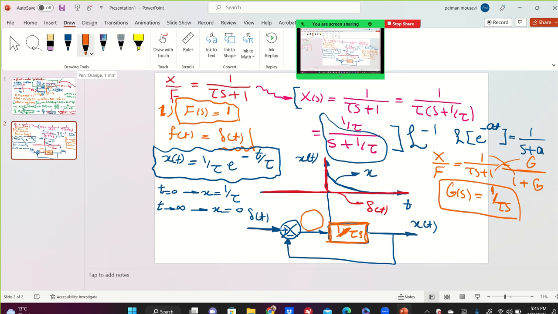The output being compared with the input. What's the error signal? E(s). So your output follows your input. Saying that means your error signal is how much? At the steady state, the error signal x minus f is 0.